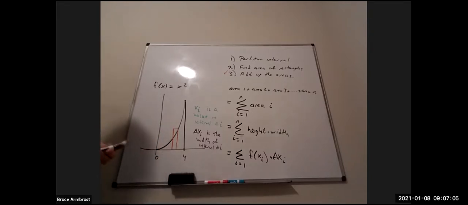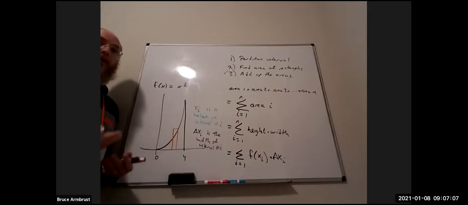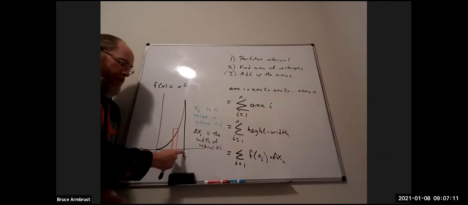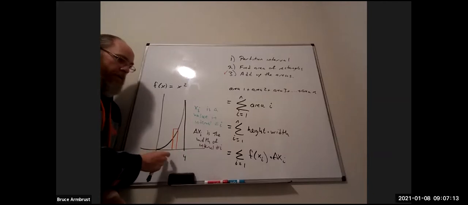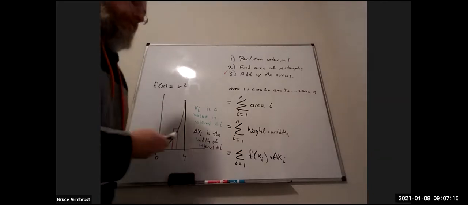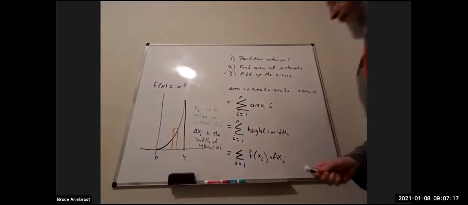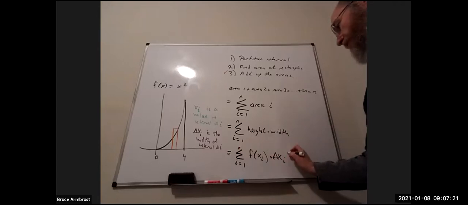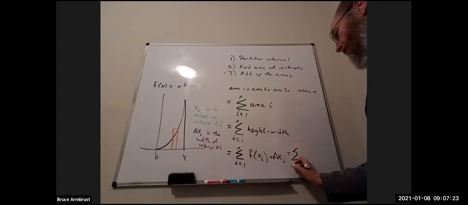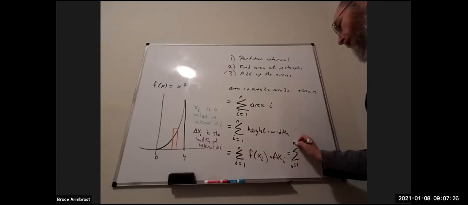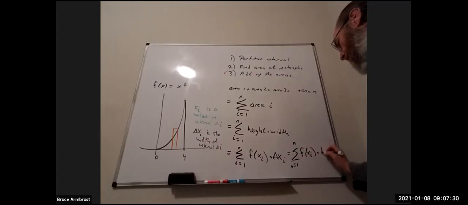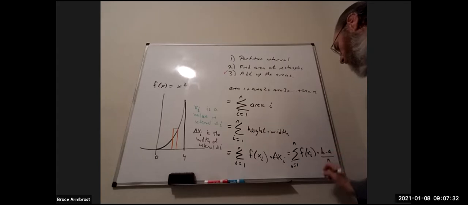But if we made this a regular partition, we saw that we can get those widths by doing b minus a divided by n. So let me put that here. If I change this to a regular partition, we have the sum from 1 to n of f of x sub i times b minus a over n.